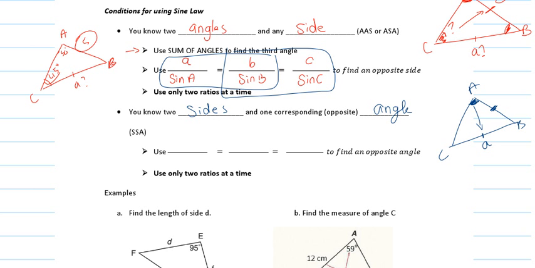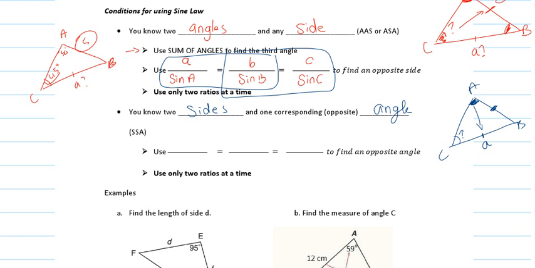Okay? Because in this case, I can have one of my ratios, I can solve for it. I know what it is as numbers. Okay? In this case, I can look for angle C. That's the only one that I can look for because I can use the ratio A and C. Okay? We will talk about this again.